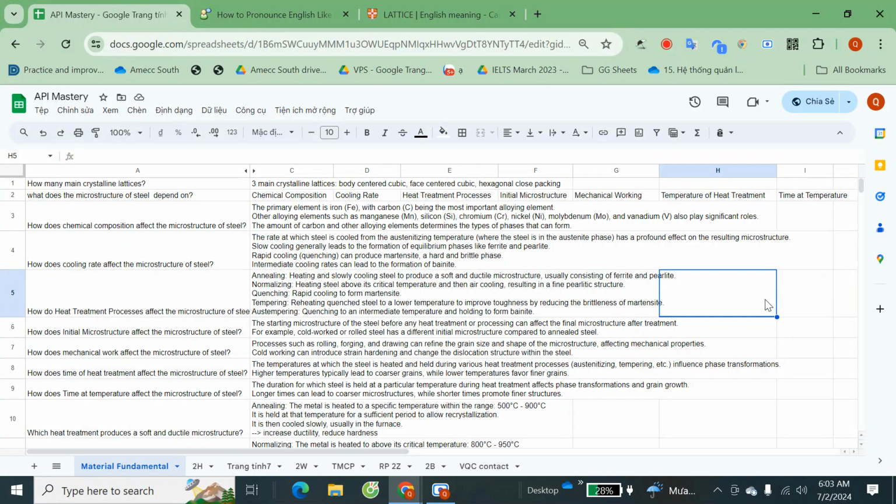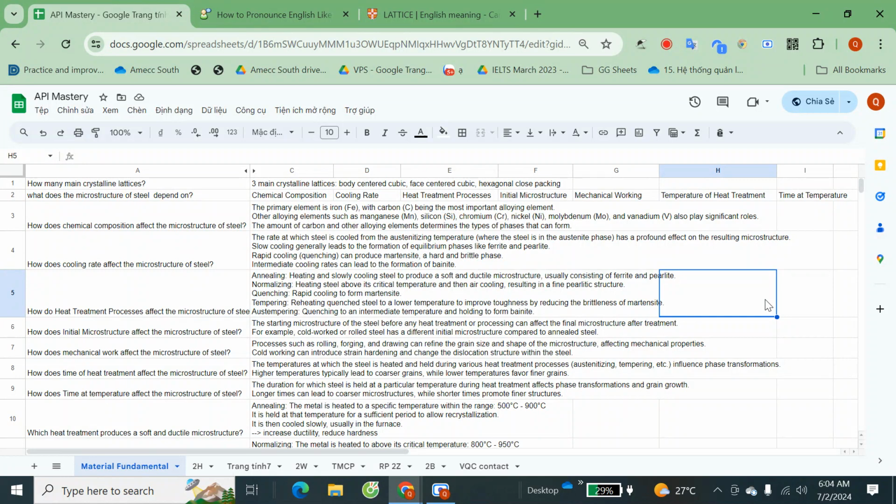How does chemical composition affect the microstructure of steel? The primary element is iron, with carbon being the most important alloying element.